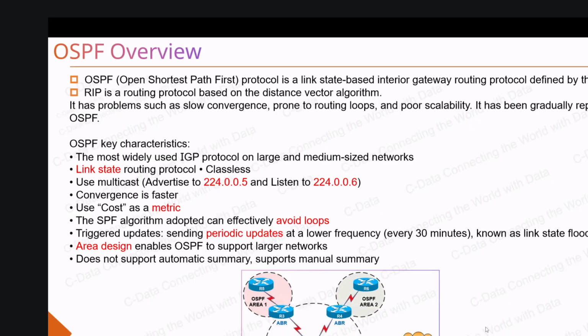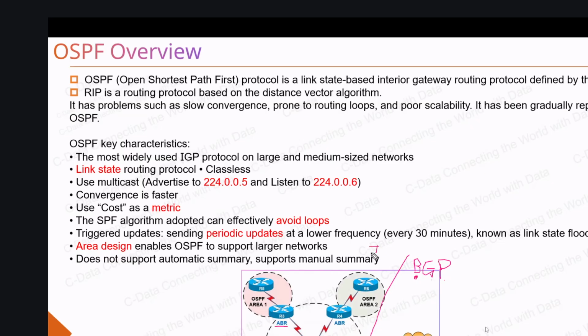Actually, the principle of OSPF may be more complex than RIP. Here we have the ABR, and then we have the ASBR. That means this router is going to the internet, which is BGP. As I said at the beginning, we have the border gateway protocol.